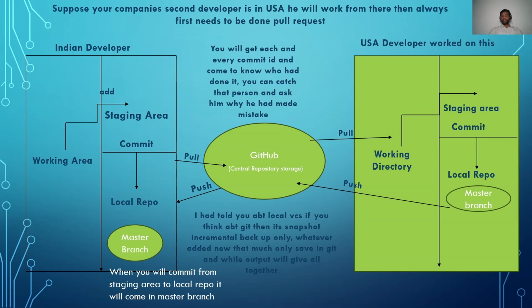Generally, it is content in the Git directory, and it acts as an intermediate step between the working directory and the repository, facilitating organized version control workflows. What is the meaning of this? I have told you already, it is working as a mediator between the working directory and the local repo, right? So this is the meaning of that.